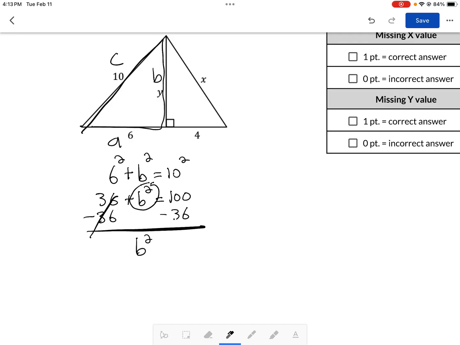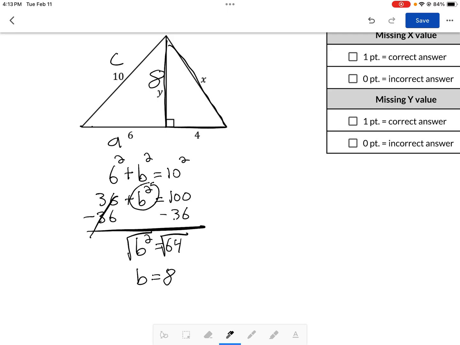So b squared equals 64. Looks like this is going to be an even number. So we're going to square root both sides. We do the opposite. The square root of 64 is indeed 8. So my side b here, this y is 8.